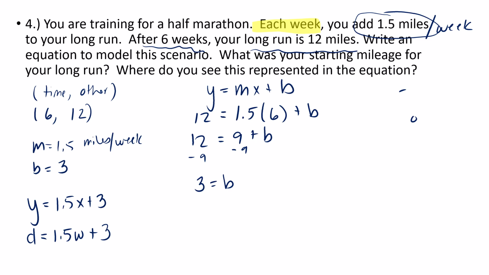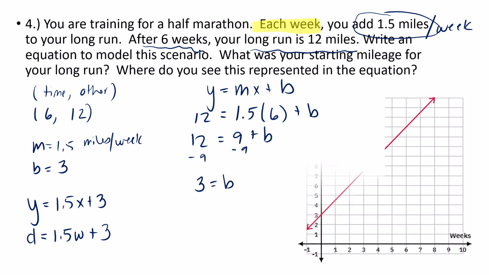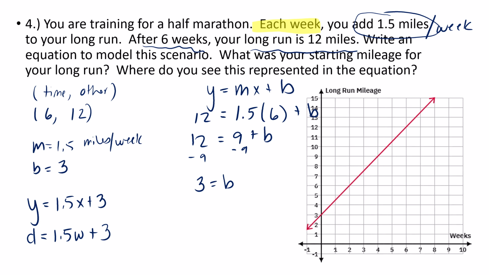Now, let's take a look at the graph for this. I still have a little bit of writing on it. But let's look at how that's represented, because the graph and the equation are just different ways of writing the same thing. We have weeks on the x-axis and long run mileage on the y-axis, and we were told that after 6 weeks, our long run was 12 miles.